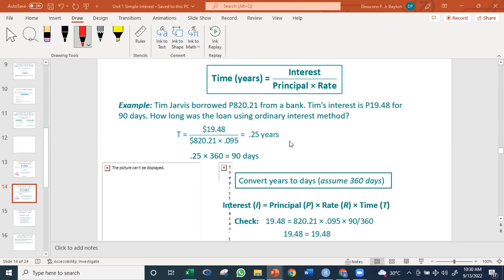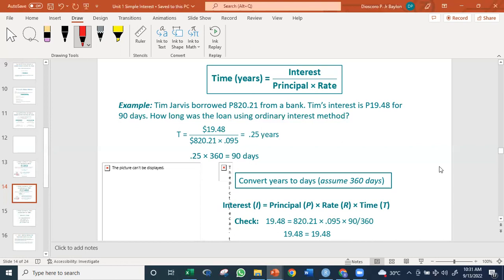So since the answer will be in years, and since we're interested in knowing the number of days, how long was the loan using ordinary interest method, then we multiply the years by the number of days per year to get the number of days. So 0.25 times 360. If it was using the exact, then it would have been 0.25 times 365.